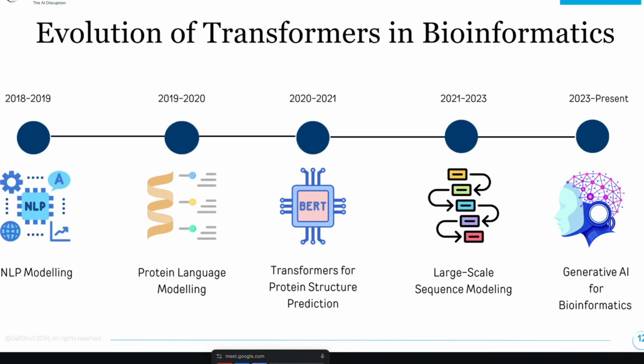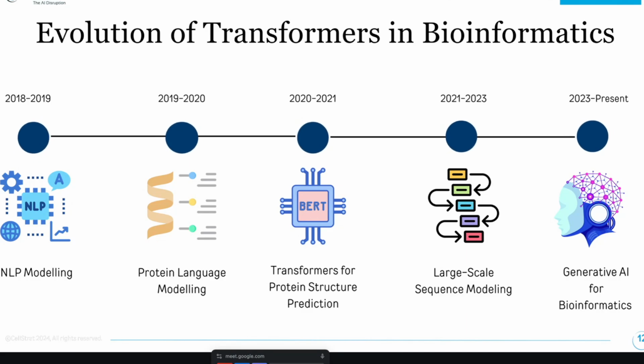So the first direct multi-sequence alignment free transformer based structure predictor was called ProteinMPNN. This was a generative transformer for designing stable protein structures. And BERT architectures like GeneBERT and DNABERT extended transformers to genomics and regulatory sequence predictions.